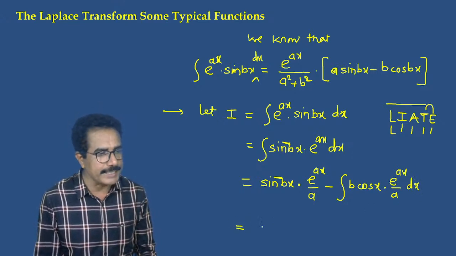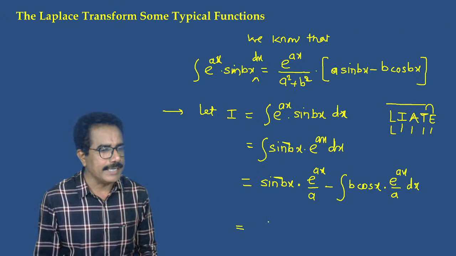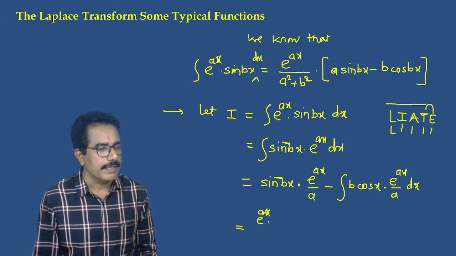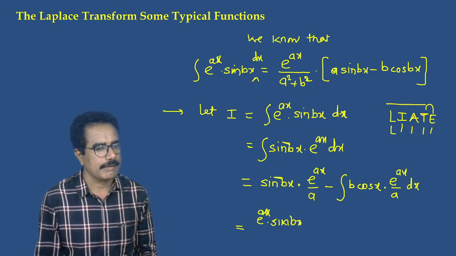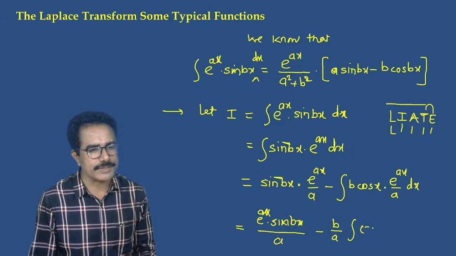So we can write this. How we can write this? e raised to ax into sin bx divided by a minus b by a integration of cos bx into e raised to ax dx.